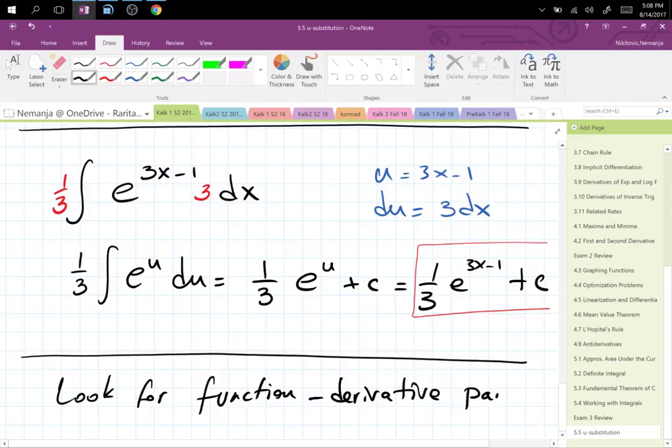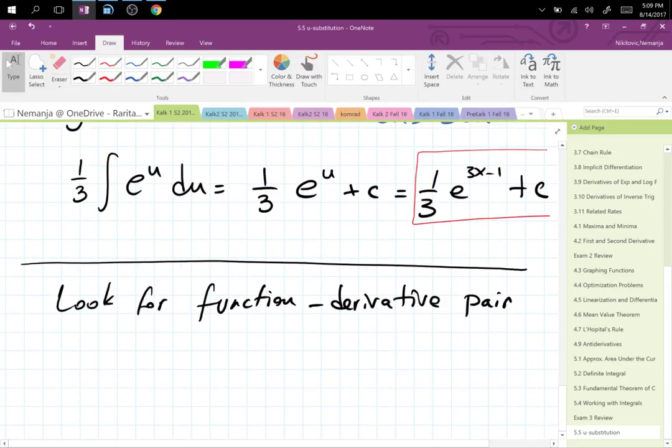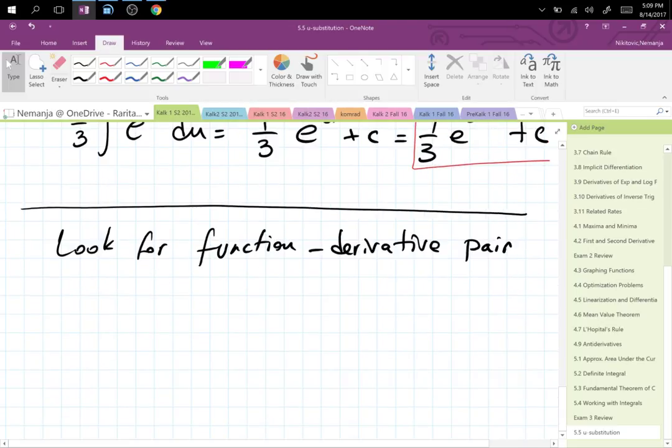This will be much more important later in Calc 2 because you're going to have more integration techniques, and then you will have to figure out which one is the right one to use. When you have a derivative now, you are figuring out whether it's a chain rule or a product rule or a quotient rule, by implicit differentiation.